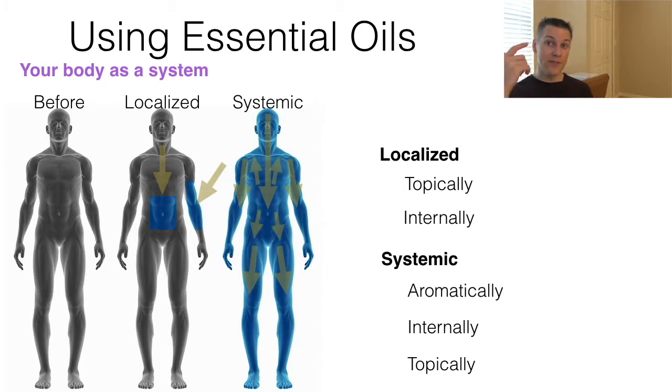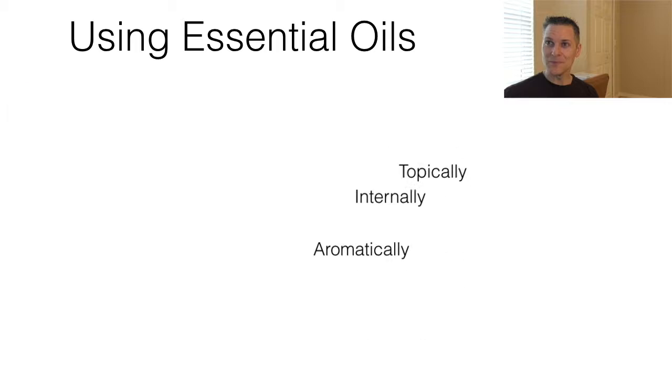However, the aroma of the essential oils can seem to interact directly with the brain, because there's a very powerful connection between smells, memories, and emotions. And this can seem to some people to be a localized effect. So if you're taking essential oil aromatically because you want to feel happier, it might feel like a localized effect, but most likely it's going to enter the rest of your body as well.